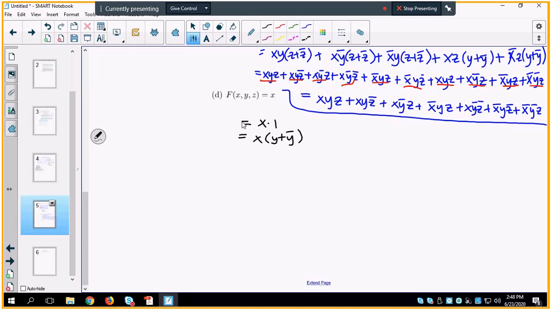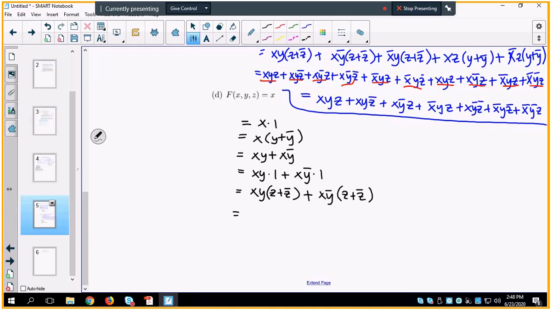So distributing, I have xy plus xy bar. Now to each of those, I need to introduce z. So I'll write this as xy times 1 plus xy bar times 1. And replace 1 by z plus z bar. So I have xy times z plus z bar plus xy bar times z plus z bar.